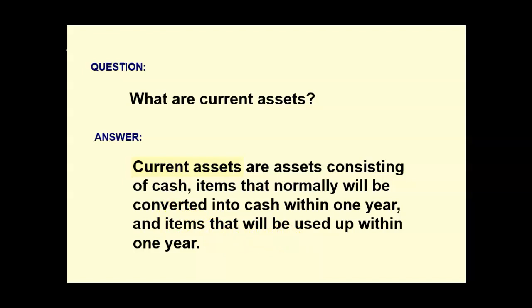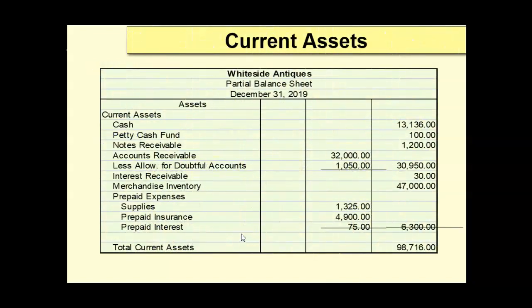So again, these are assets consisting of cash or items that we convert into cash within 1 year, and items that will be used up within 1 year. So first think about what type of items can we convert into cash?